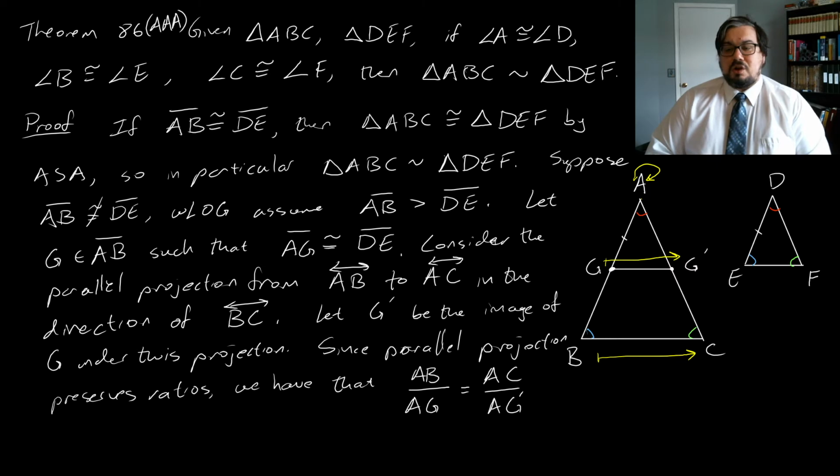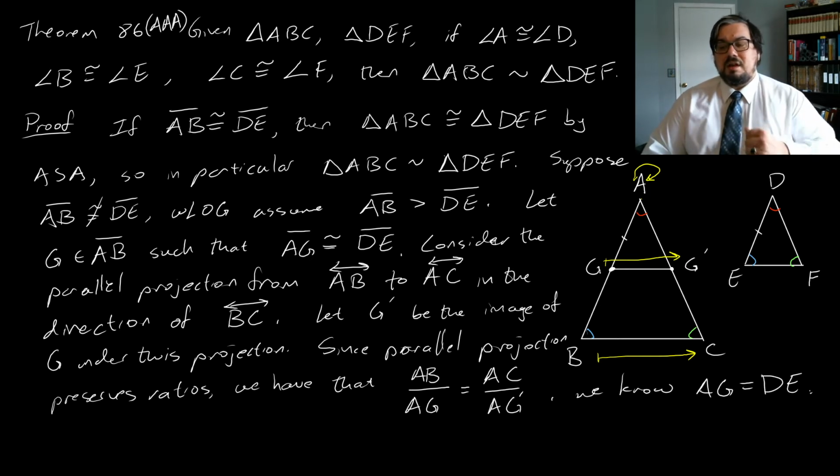All right, so now we know that AG is equal to DE. The next thing that we want to know is that AG prime is equal to DF in order to get the ratio that we want.